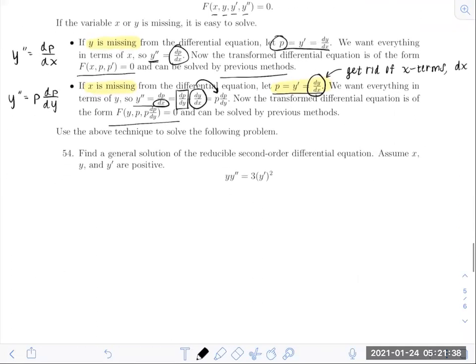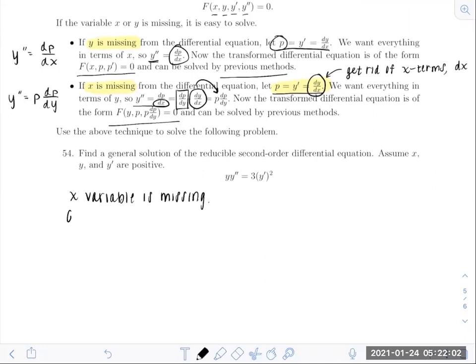So I have problem 54 from the textbook here to work out. We have y double prime equals 3 times y prime quantity squared. So the first thing we want to do is identify which variable is missing. And here we know that the x variable is missing.